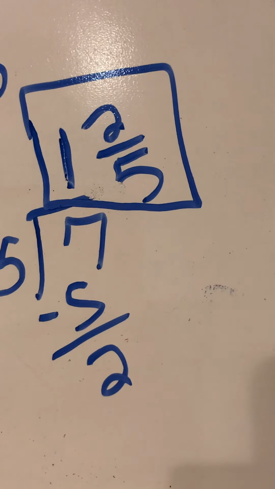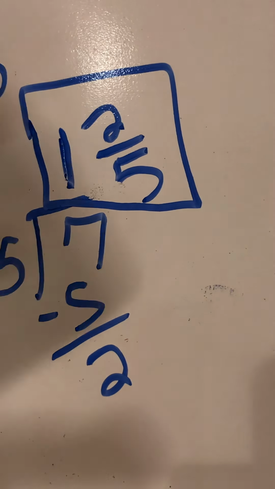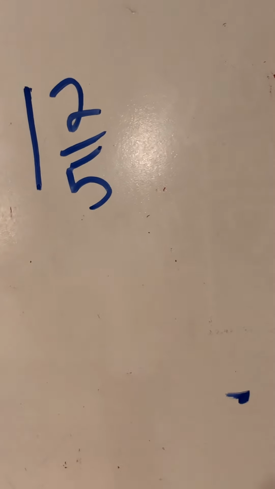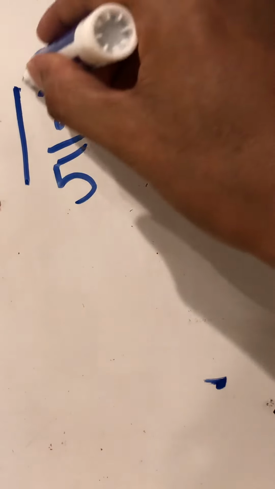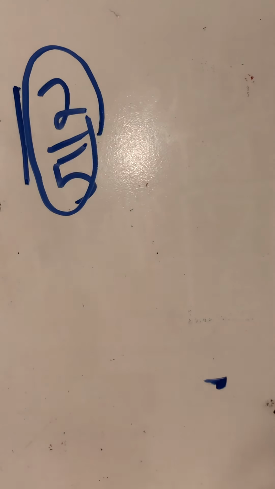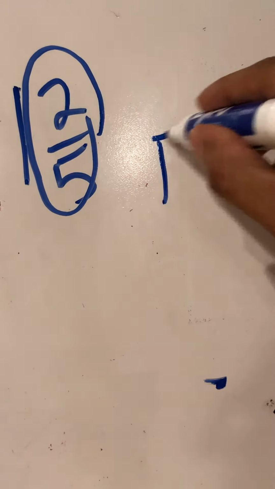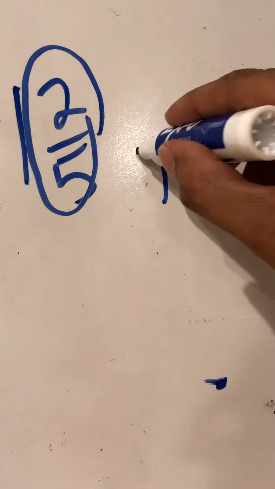Well, guess what? How is 1 2/5 equal to 1.4? Well, let's see. I can take the fraction piece and divide it: 2 divided by 5.